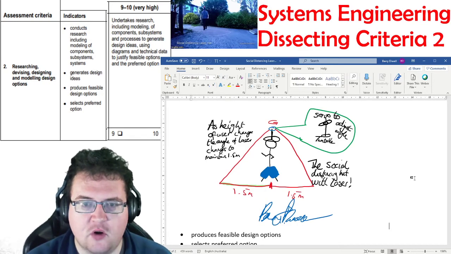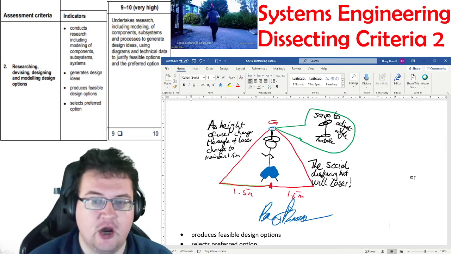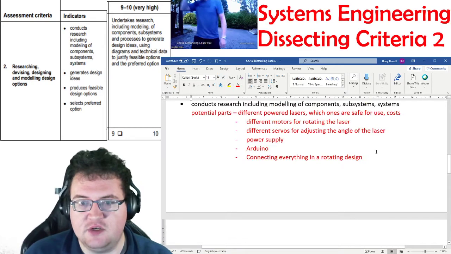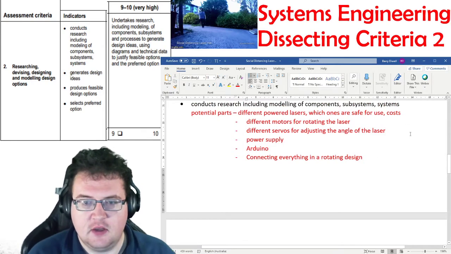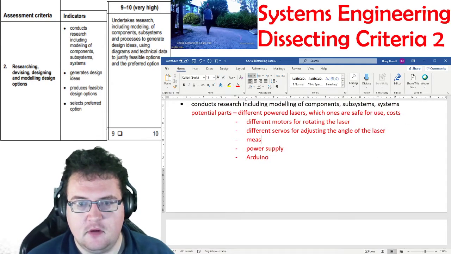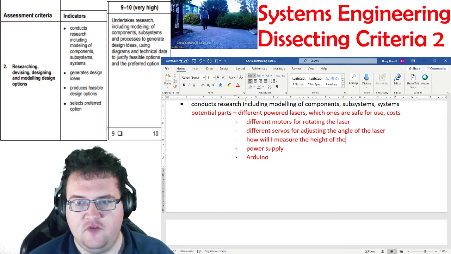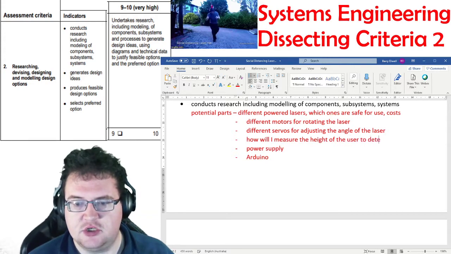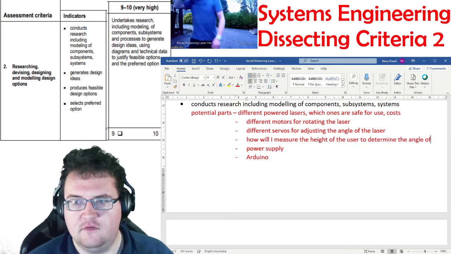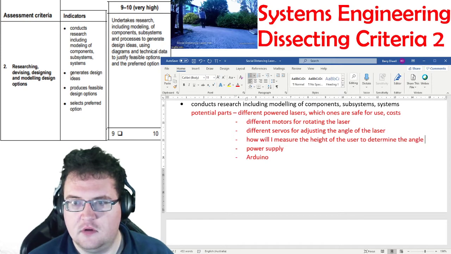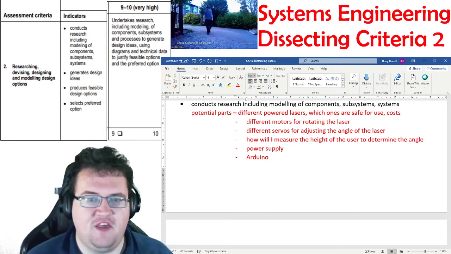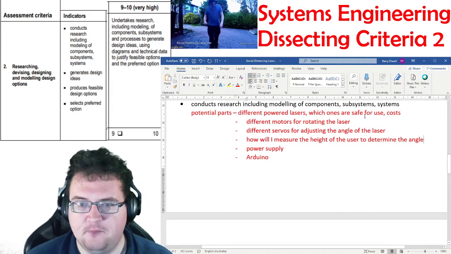All right. So looking at my diagram, I'd also have to realize, well, okay, I need a different way of using the height of the user to determine the angle that the laser requires.